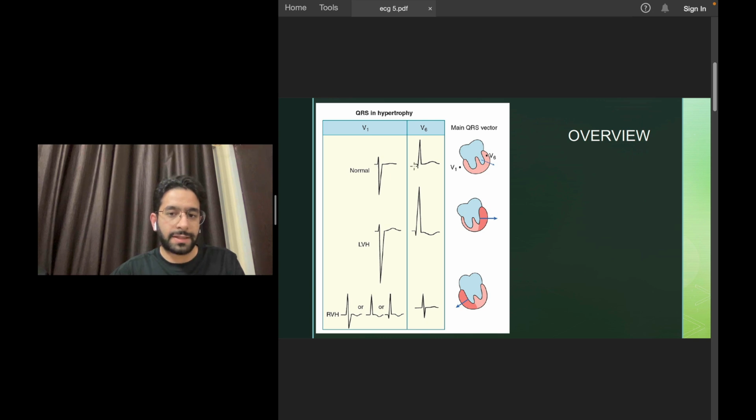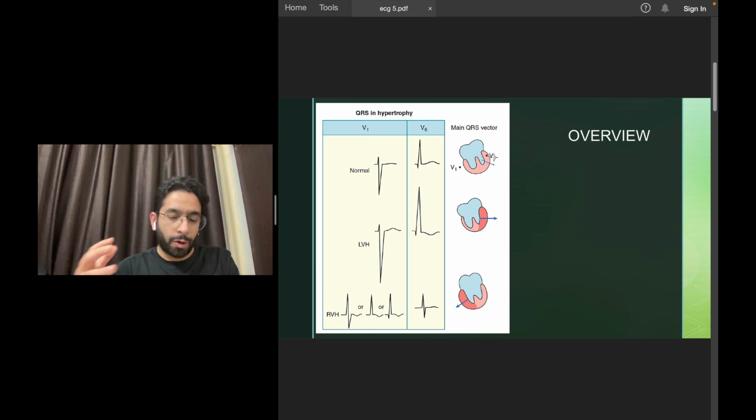And which is why the left-sided lead, V6, records this initial negative deflection. That's the Q wave, also called the septal Q wave, because it was produced by septal depolarization. Then after this initial septal depolarization, the rest of the ventricle depolarizes, and we know that it occurs from the endocardium to the epicardium, depolarizing the whole width, the bulk of the ventricular muscle.